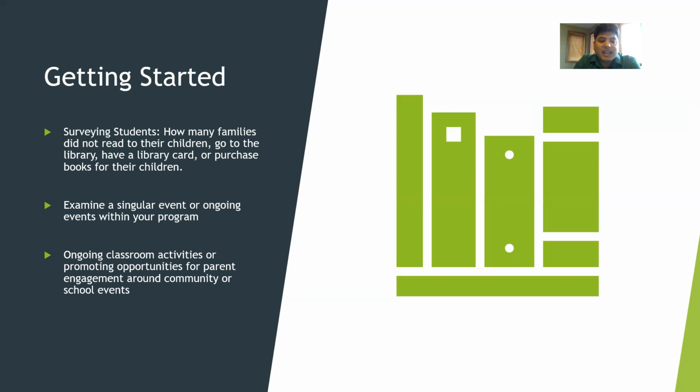What are places that we can engage with them on reading and learning and talking about those things? Also thinking about for your program, whether it would be better, or if you have the capacity, to start with a singular event around family literacy, or if there are ongoing types of events that you'd like to have within your program. Are there components that we're looking to embed within our system?